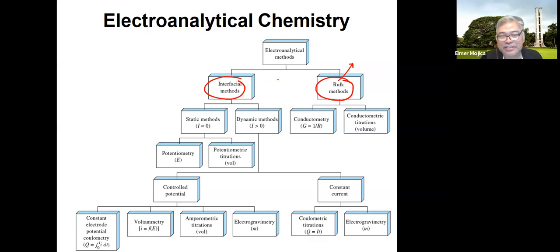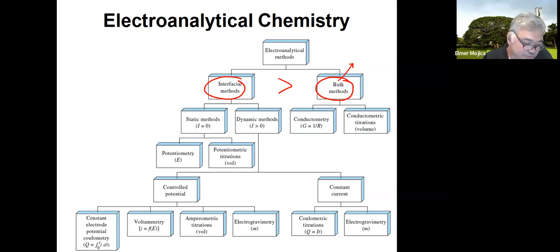This is the one that is more common compared to the bulk methods. In some instances, they don't even discuss these bulk methods. They just discuss the interfacial methods. There are many types of these electroanalytical techniques, and the methods that have been developed are generally useful.